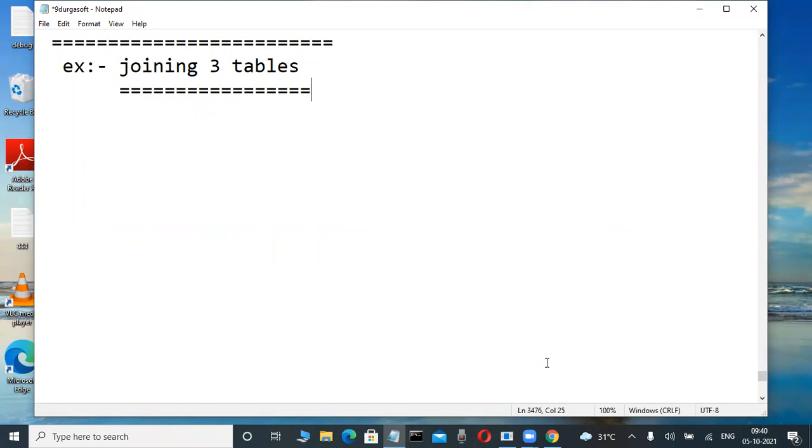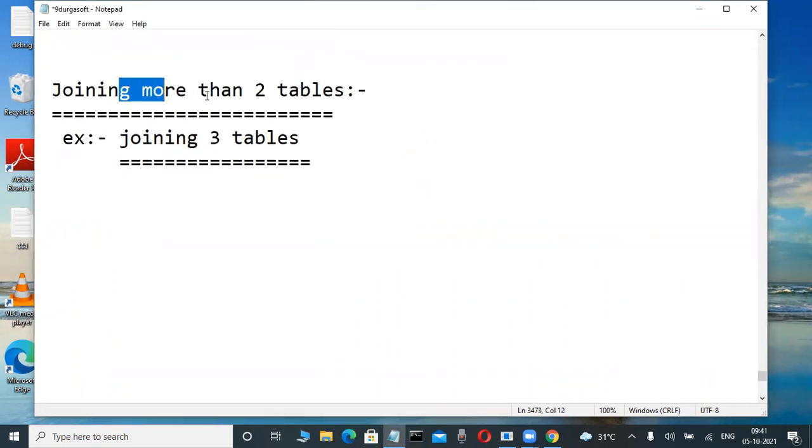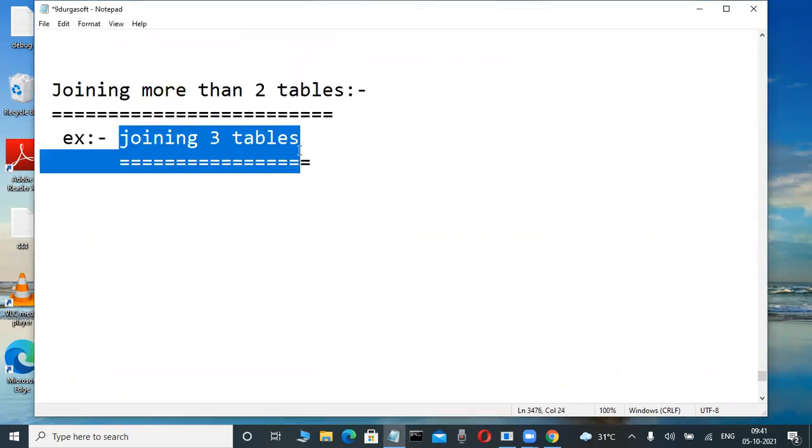But 8i joins for more than two tables are very easy. But ANSI standards for more than two tables, be careful. Very, very, very important. Here so many fellows make mistakes. Join new table name on clause, join new table name on clause only. Write both the syntaxes side by side, joining three tables.